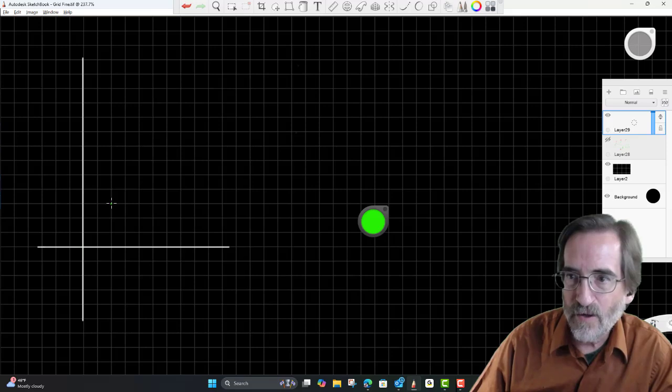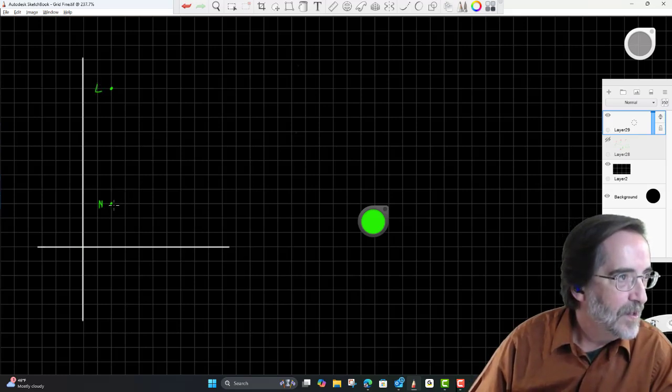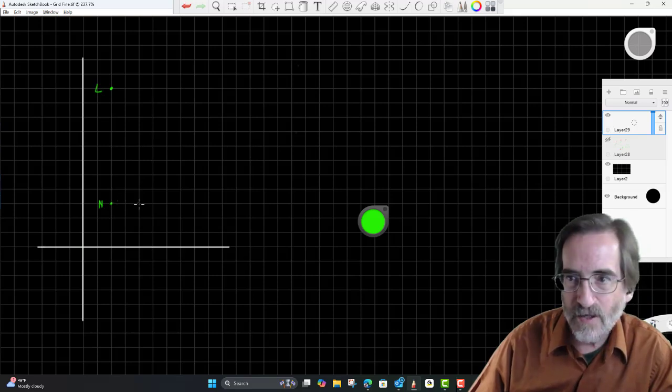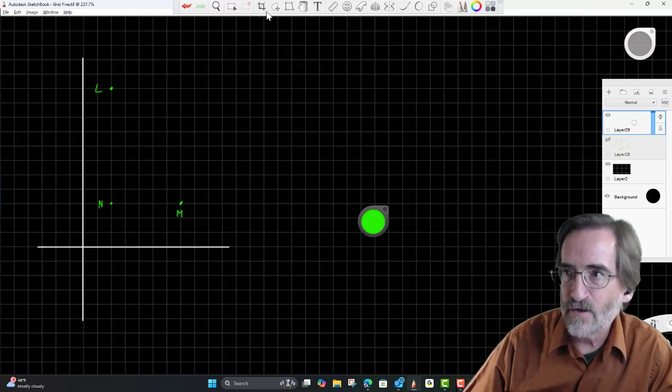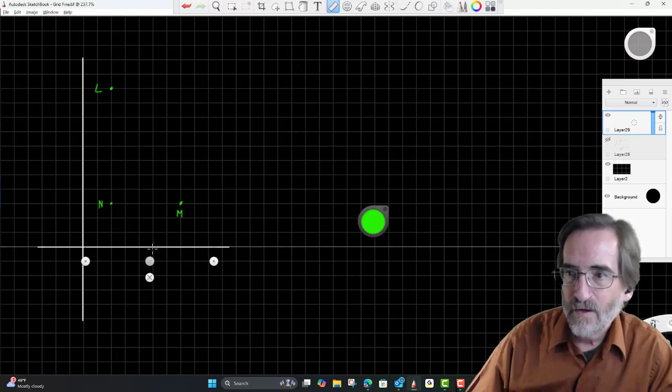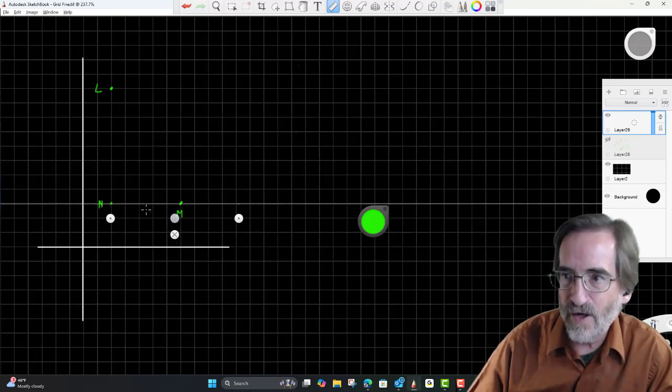So let's put LN right here. LN is a vertical line segment, and MN is a horizontal line segment. So we not necessarily, by those restrictions, have a right triangle.